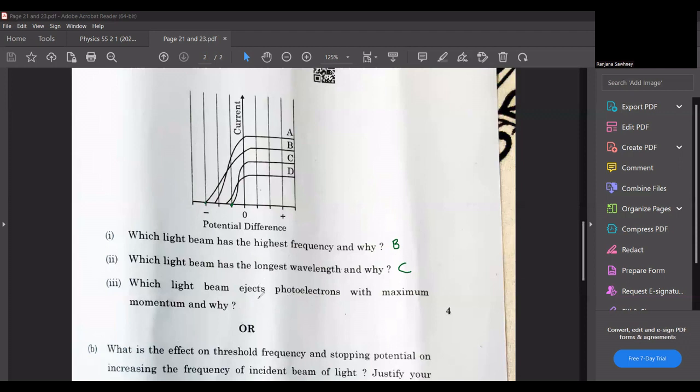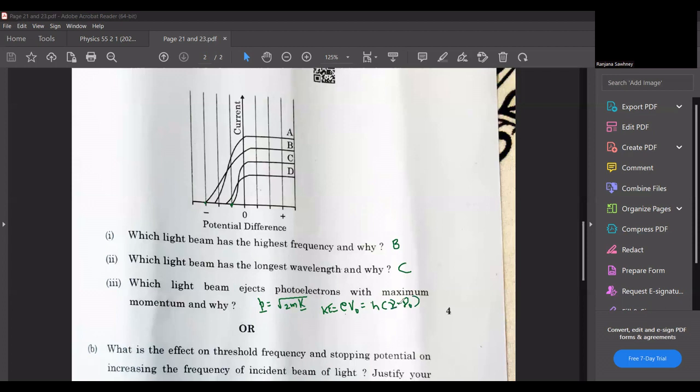Okay, maximum momentum, we know that momentum is equal to under root 2m into kinetic energy. The one which is having the highest kinetic energy will have more momentum. And kinetic energy, we know, according to Einstein's photoelectric equation, eV naught, which is kinetic energy, is equal to h nu minus h nu naught.